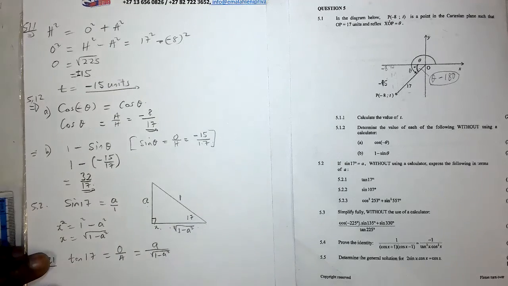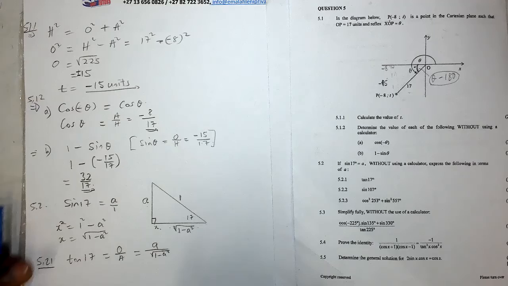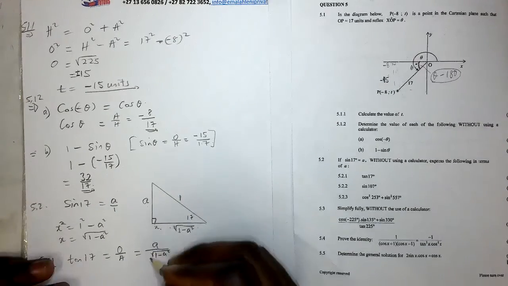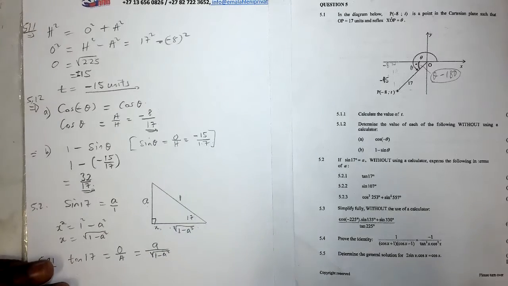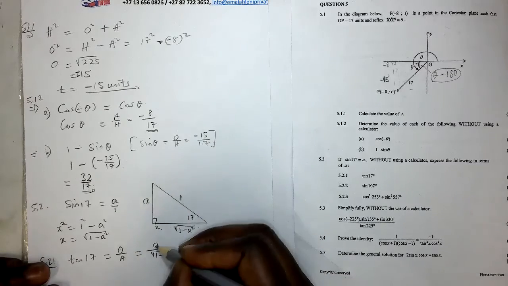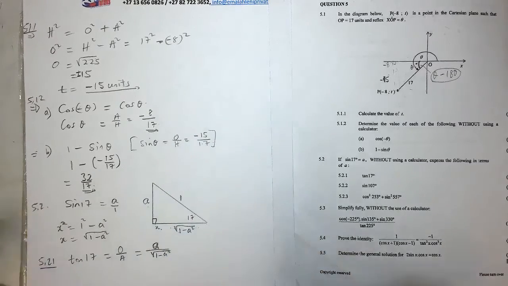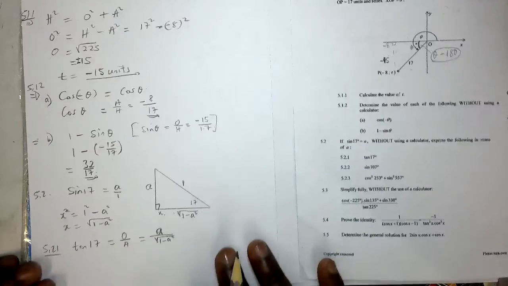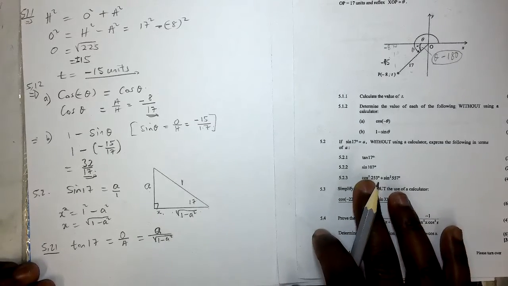You must remember that you mustn't have a root as the denominator, but in this case you can leave it, it's fine. I will show you how to rationalize, but here I don't think you have a problem. This is your answer.